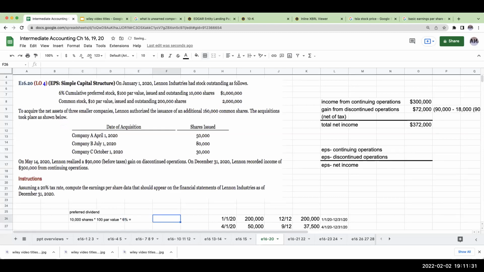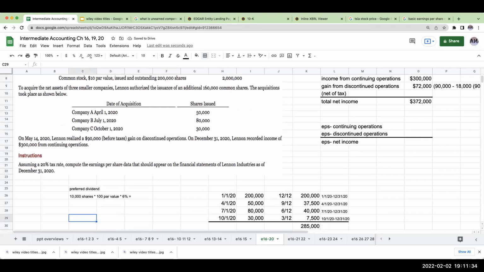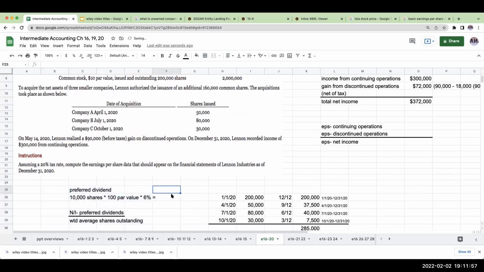So our earnings per share formula is my net income minus preferred dividends, divided by the weighted average shares outstanding. So my preferred dividends are going to be 60,000.